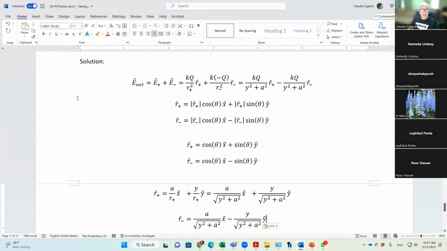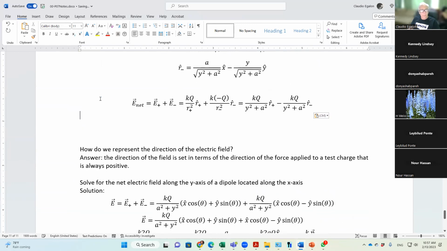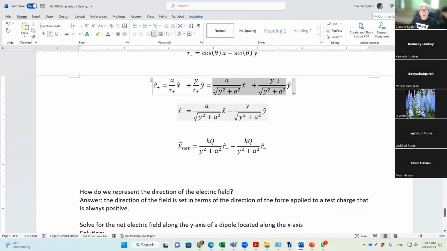And finally, we can have our net electric field. Our net electric field is going to be R plus, here you go. Hopefully I didn't make any mistake here.